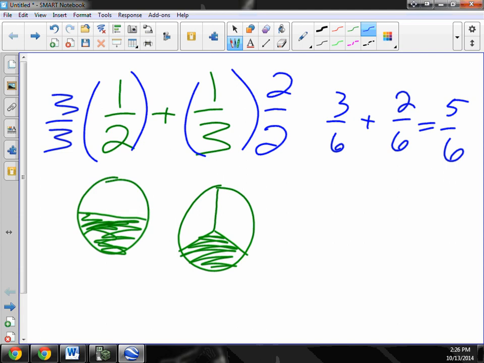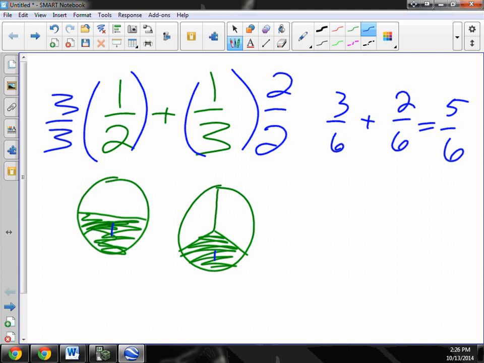Well, these pieces are different sizes. So, if you consider that 1 piece of pizza and this 1 piece of pizza, sure, I have 2 pieces of pizza, but if you just say you have 1 piece, you have no idea the size of that particular piece. So we're going to break these into equal sizes.